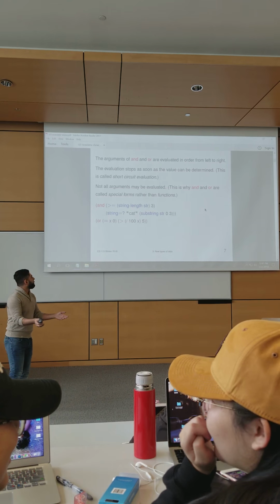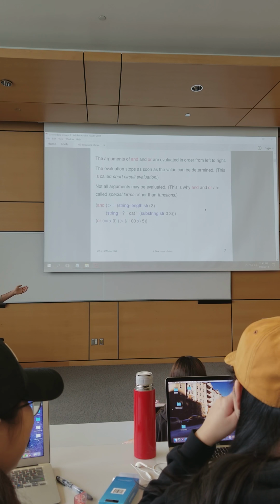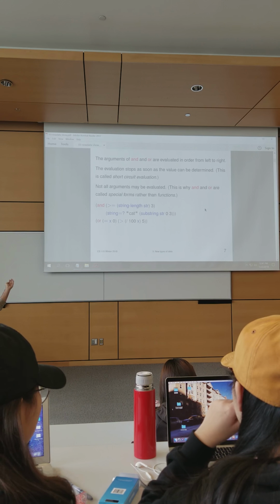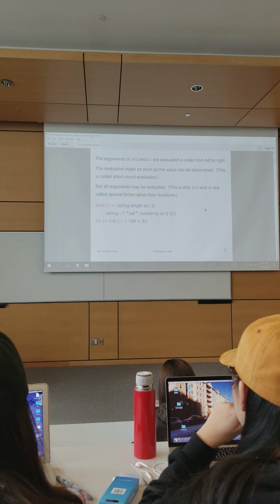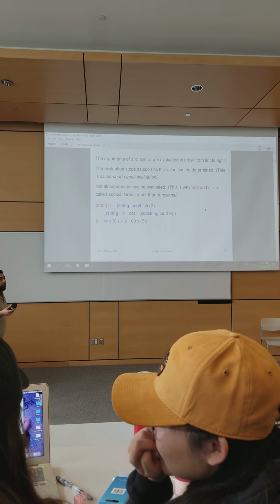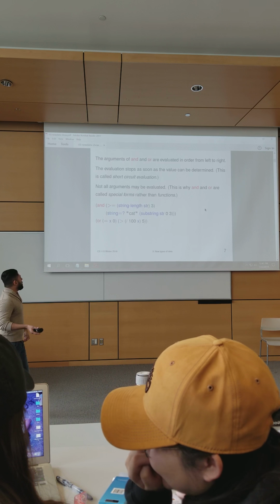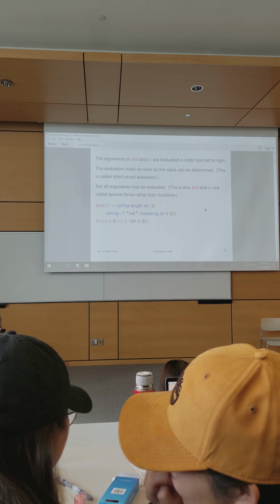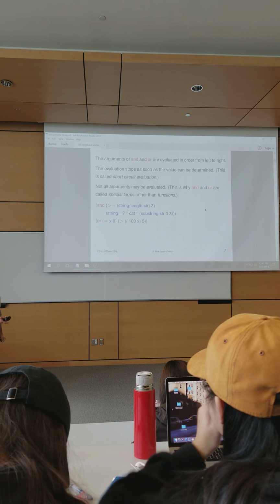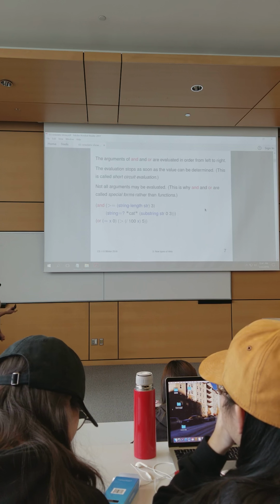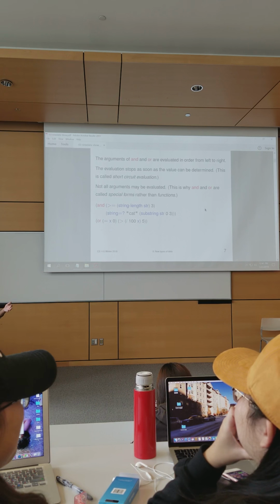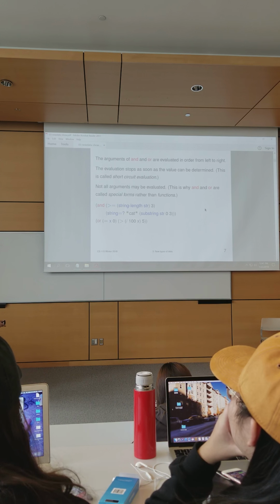So if you had a line that said and, greater than string length of str, 3, and then string equals cat, blah blah, the first thing that would happen is you would simplify the string length of str, and then you would simplify the greater than with whatever that length was and 3.